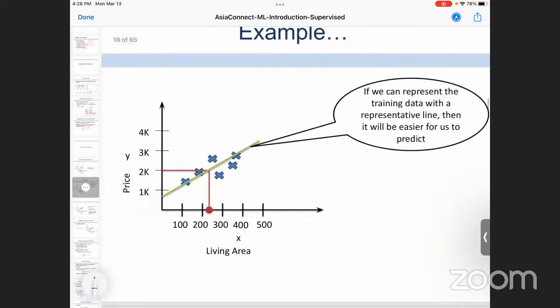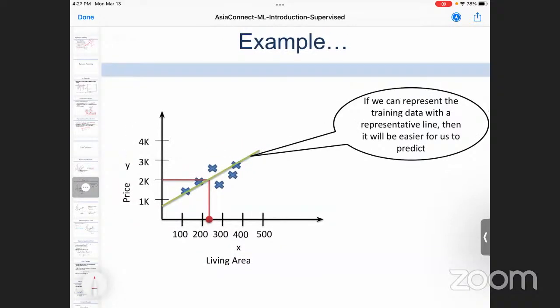Basically, what we can do is represent the training data, these crosses, using a representative line, because we can see this is some kind of linear relationship. If we can represent this training data using a line, then it is easier. We can predict any unknown value.